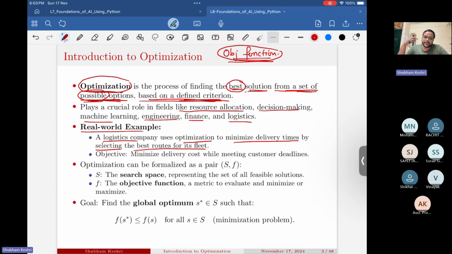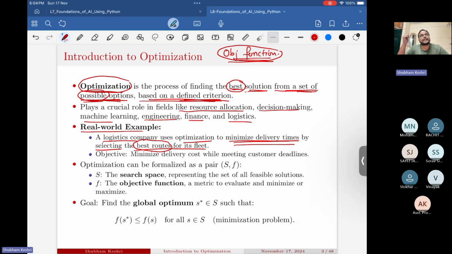A second objective can be that they have to traverse the route such that their time to complete all the deliveries is minimized. There can be multiple objectives as well. So he may follow a route that best suits his objective. Over here, this best route can have different objectives. Here it is saying minimize delivery time. There can be other objectives also. For example, he can be minimizing the distance he travels.